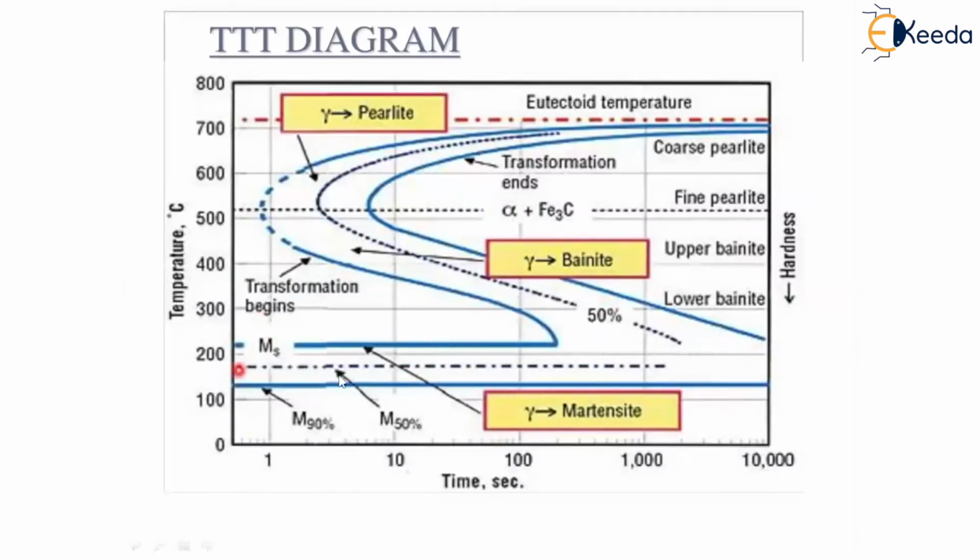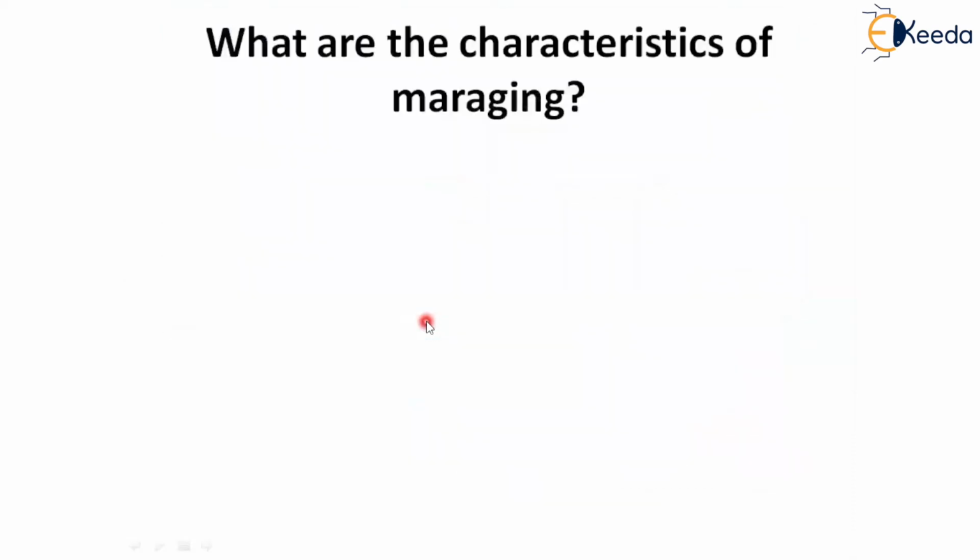This is the martensite starting temperature, this is the martensite ending temperature, and this is the martensite 50% transformation line. With the help of these steps we get the same martensite without any deformed structure, that means the same martensite with induced ductility, without losing ductility.